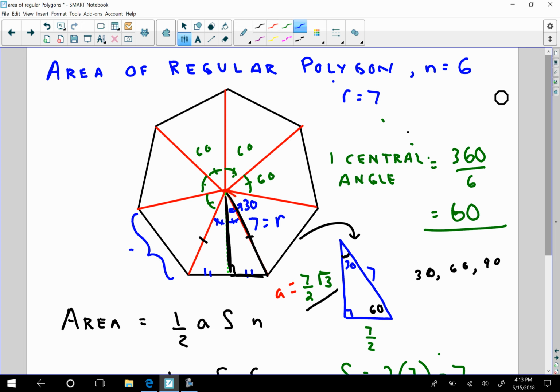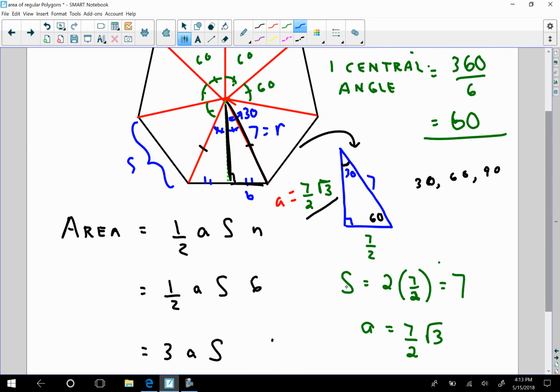This is going to be twice what we found to be 7/2. So S is going to be 2 times 7/2. What we found was B here. This is going to be B. And we know that S is 2 times this length. Therefore, 2 times 7/2 is 7.